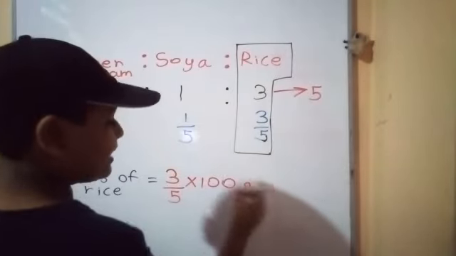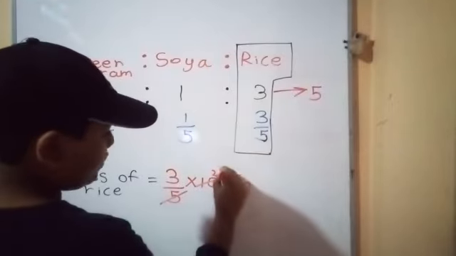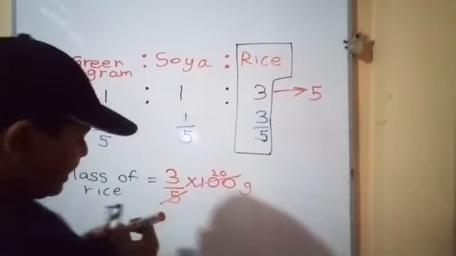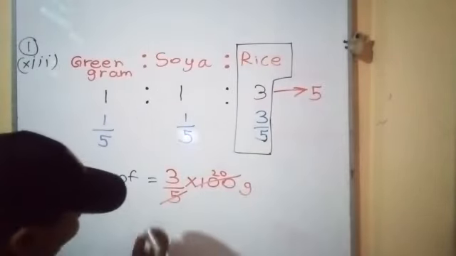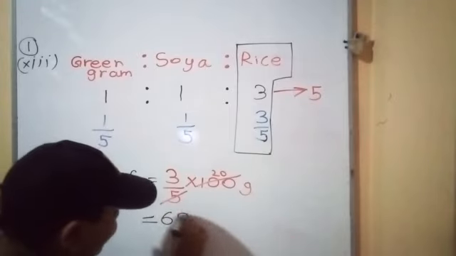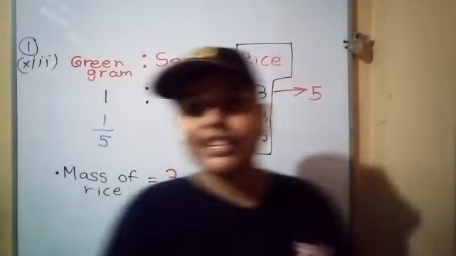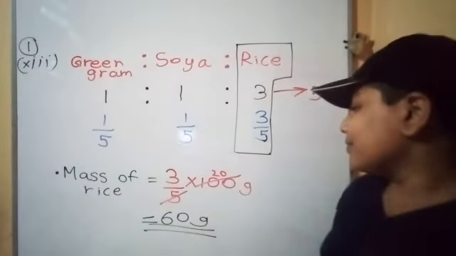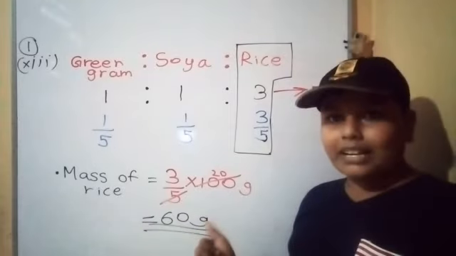That is the 100-gram packet. So they have 20 per part, and 3 parts remain. So 20 multiplied by 3 means 60 grams. So 60 grams of rice is in this nutritious food packet. So the nutritious instant food packet has 60 grams of rice.